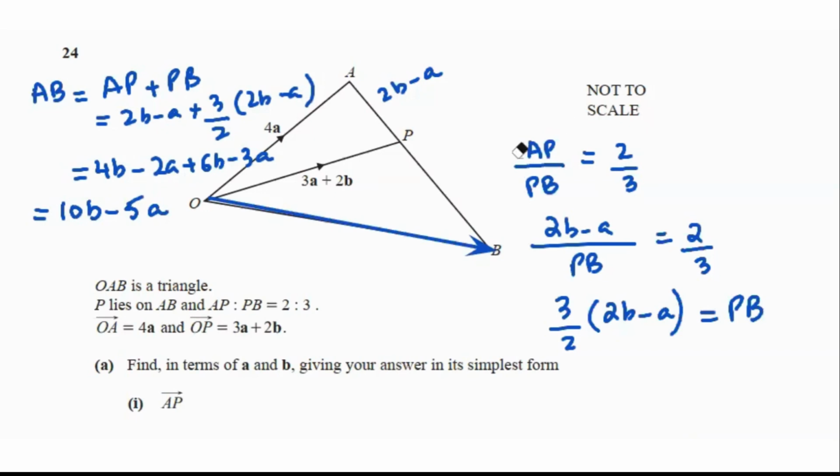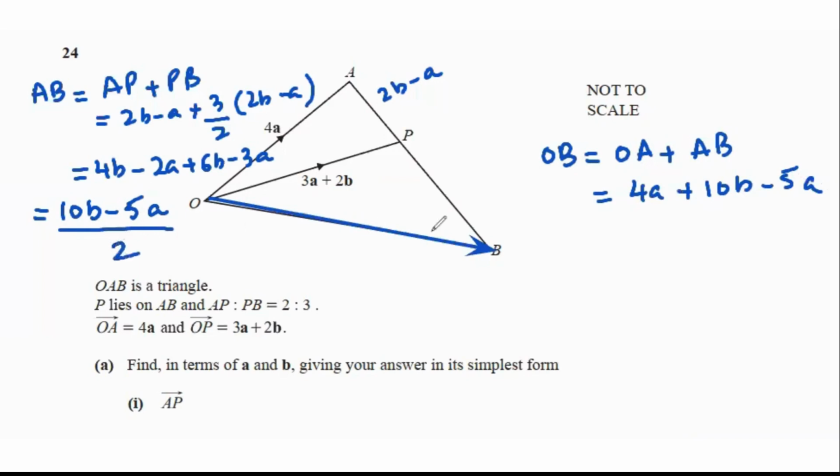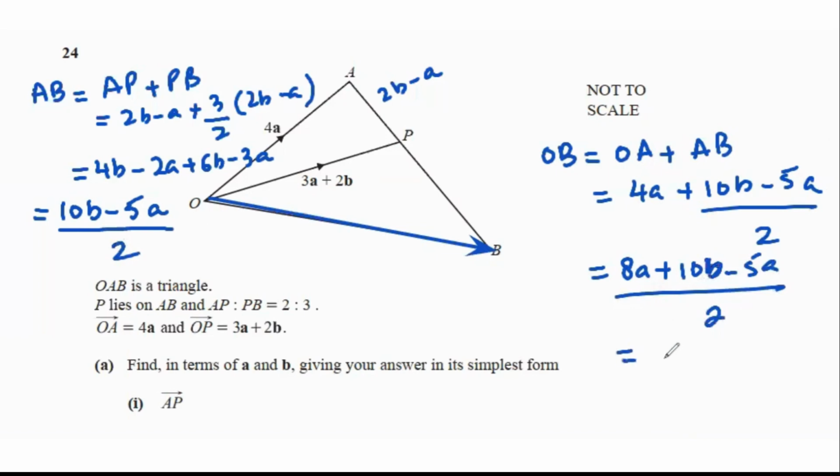So going back to finding OB, we're going to do OA plus AB, which is 4a plus 10b minus 5a over 2. That's going to be 8a plus 10b minus 5a over 2, and that is 3a plus 10b over 2. That is your OB.